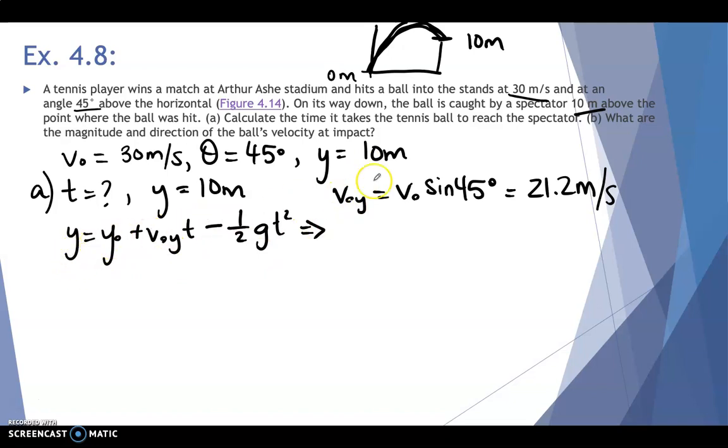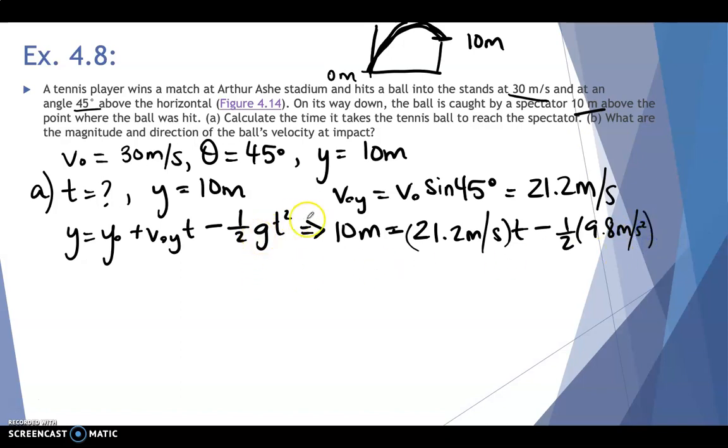Our y is 10 meters. y naught is 0 meters, that was our initial position. v naught y we just found was 21.2 times t minus 1/2 times g, we will say 9.8 meters per second squared times t squared.